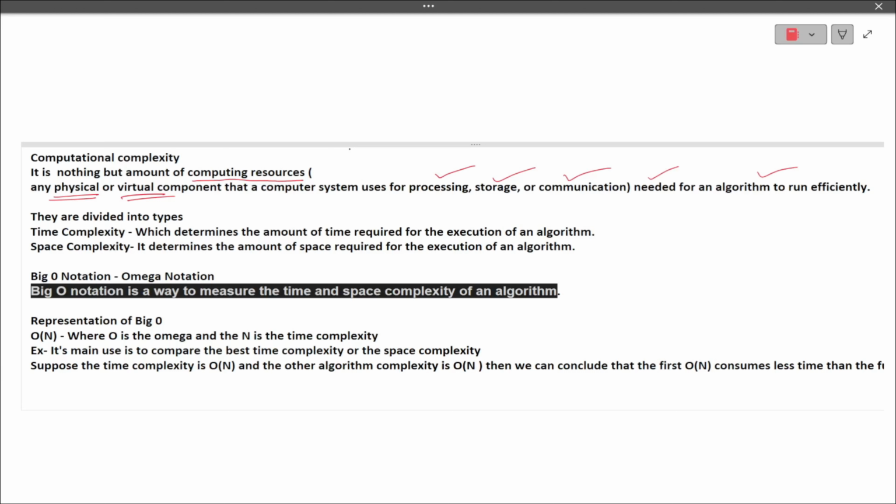Here it says time complexity will determine the amount of time required for the execution of the algorithm. Let me briefly explain what an algorithm is. Whenever a program is written, before that the algorithm of the program is written. The algorithm helps us understand the flow, how a program will execute.